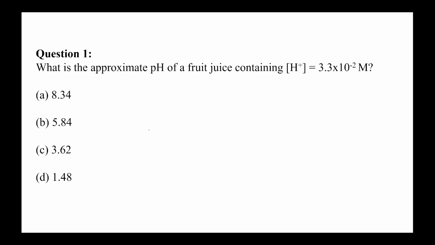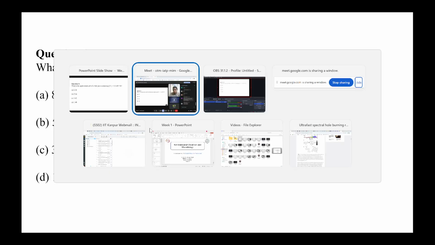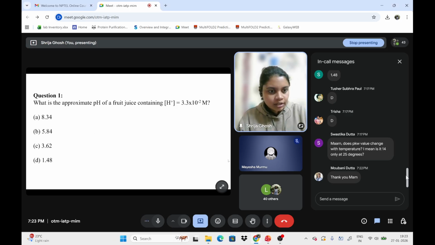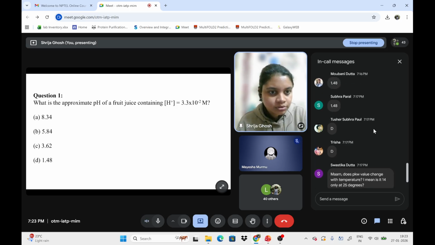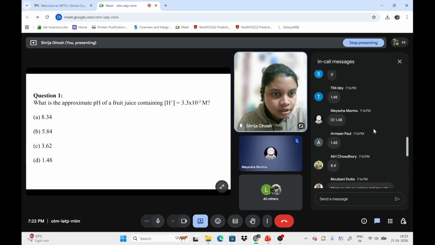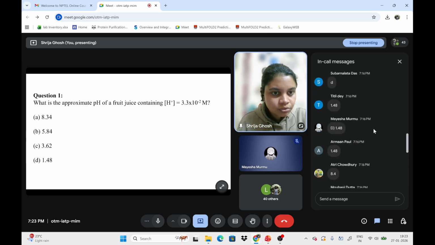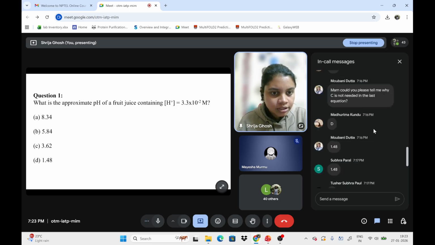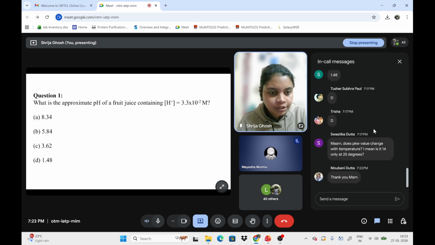So people who have answered option A, 8.4 or 8.34 in the chat box, I hope you have gone through the calculation once more. If not, I will request you to go through your calculation and check if you are getting 1.48 as the correct answer.